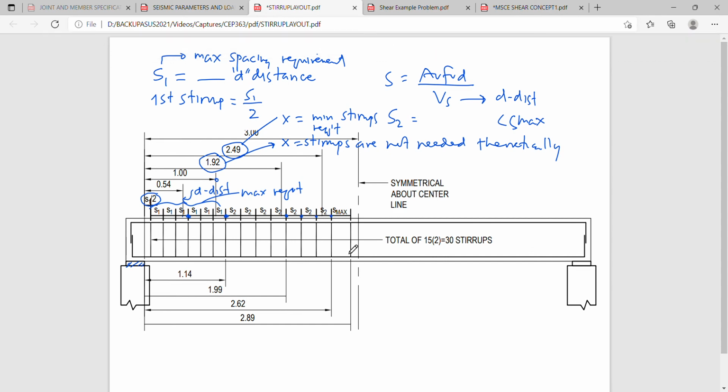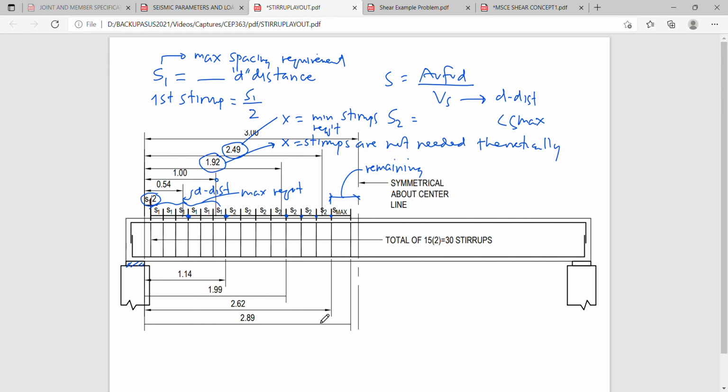And then, of course, your S max must be provided on this remaining point. So this is now the remaining area in which we don't have to allow no stirrup zone here. Some engineers do not place any stirrup, but for reasons of further safety, we need to place at least an S max at this point.